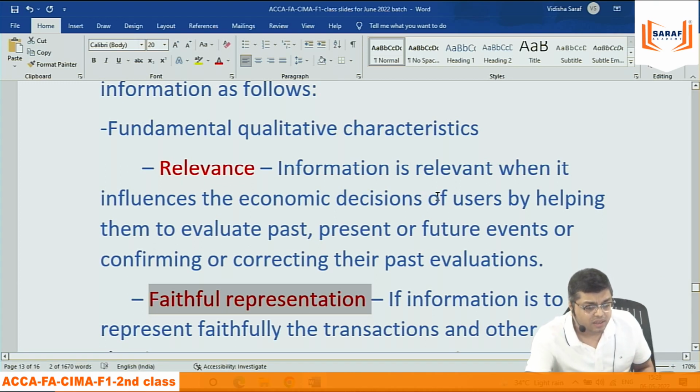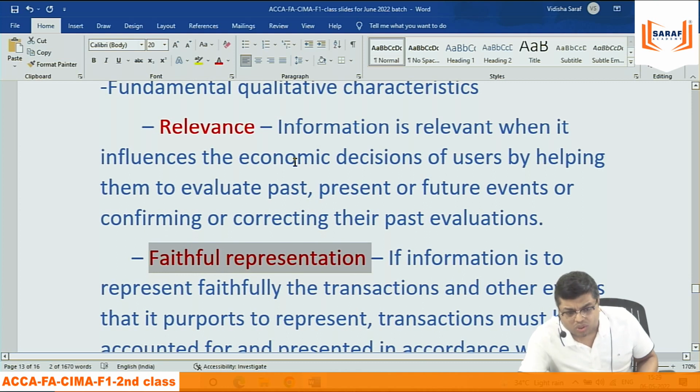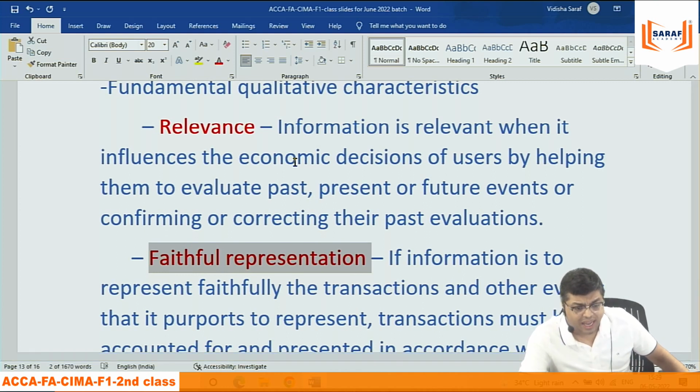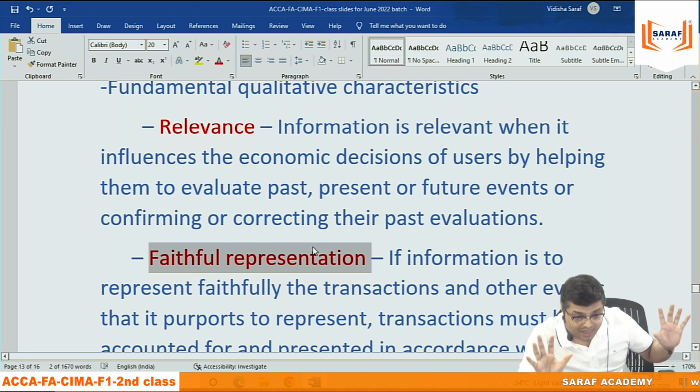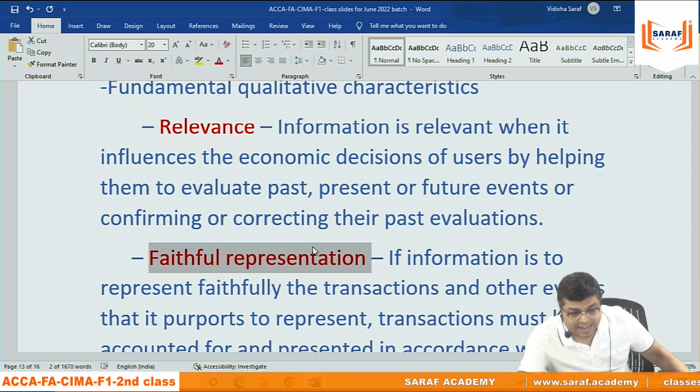What is relevance? Information is relevant when it influences the economic decision by helping users to evaluate past, present or future events, confirming or correcting their past evaluations. Relevance, we also say that something is omitted. An asset or a liability or an income or expenditure is not incorporated in the financials, but which is very important, not a small thing. Or maybe it is not presented properly.